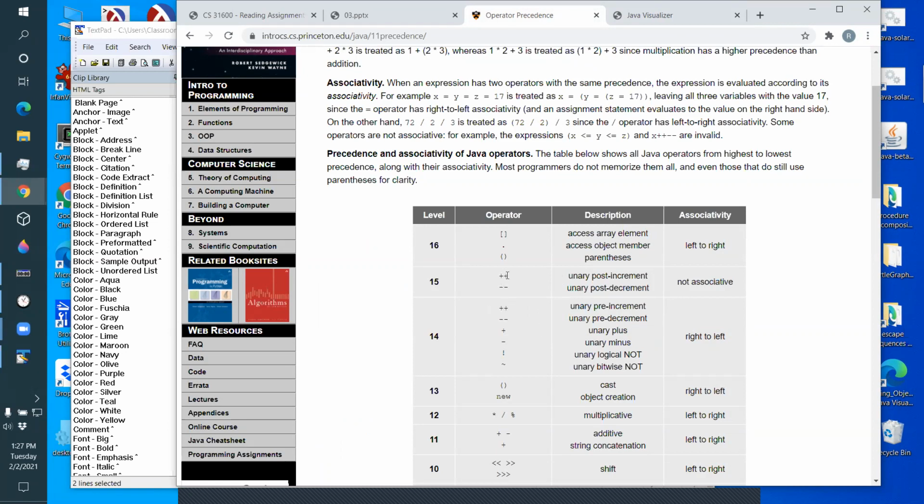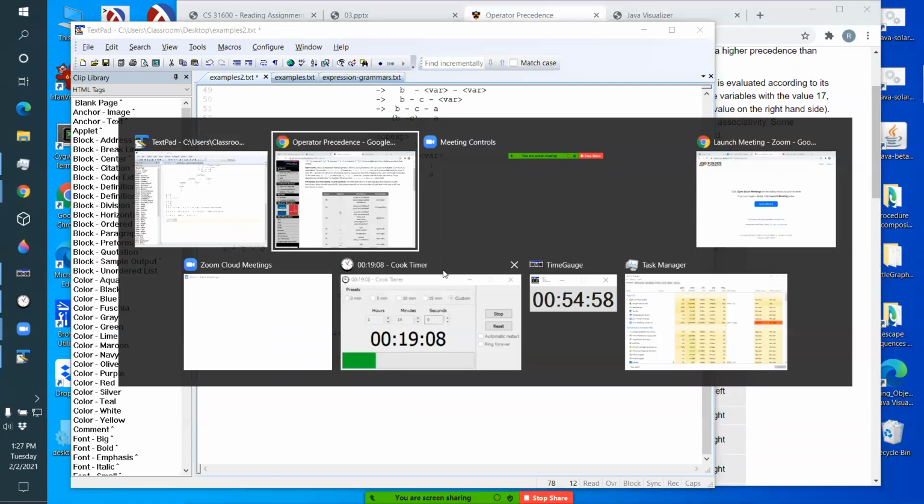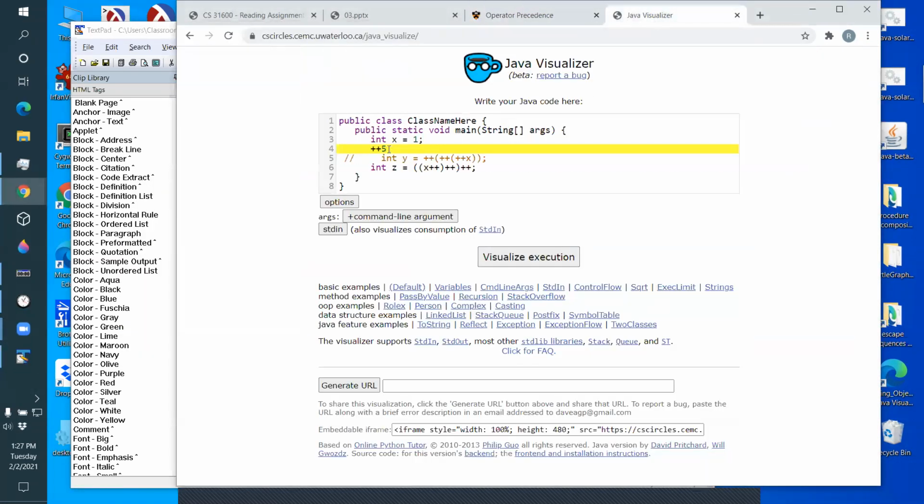Yeah, this makes sense to me that the post increment operator is not associative, but I don't know how you could actually do this in any kind of way where you would read it from right to left, because you can't chain these increment operators. So I'm not sure what they're saying when they say that this thing is right associative. Have to think about that a little bit.